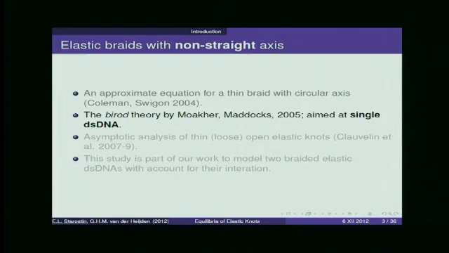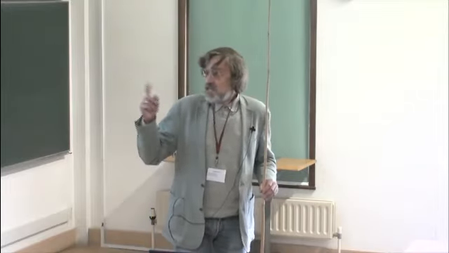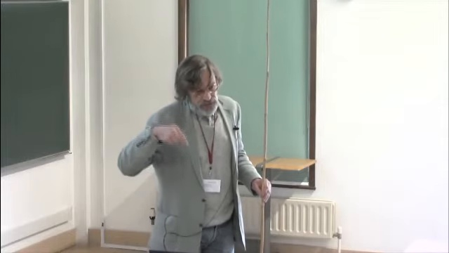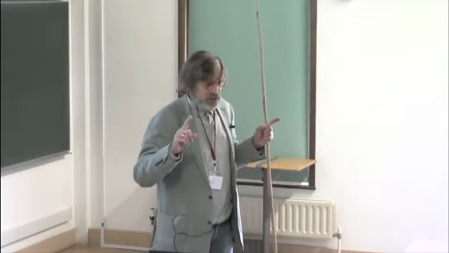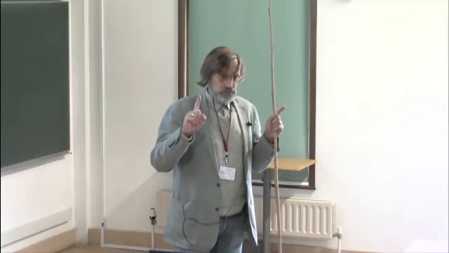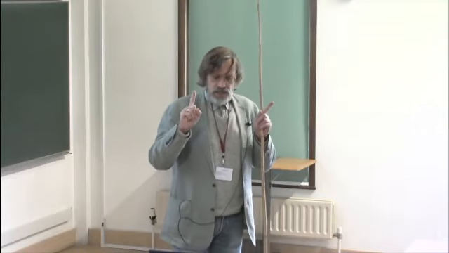This is a very general theory, but it's aimed basically to model a single DNA. Each strand in this birod is a single strand in the DNA, so a birod is formed by two single strands which interact through hydrogen bonds.